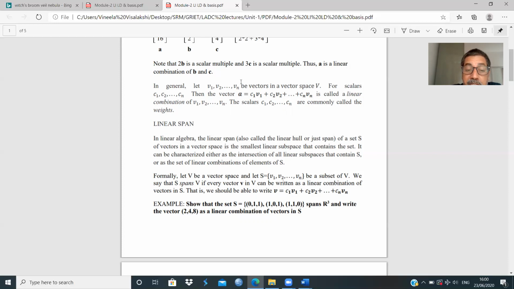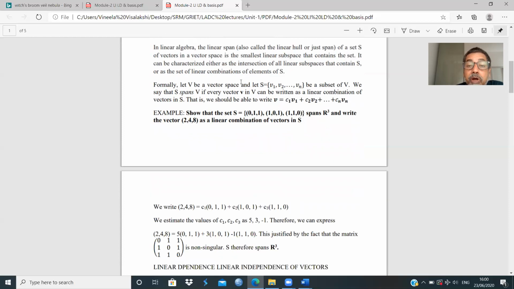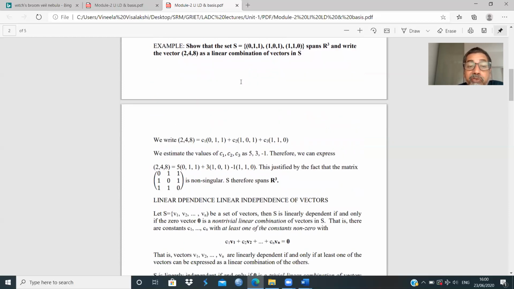So suppose we consider a random vector (2, 4, 8) in R3. Let us see if we are able to write (2, 4, 8) as a linear combination of the vectors of S. So let us set up (2, 4, 8) equal to C1 times the first vector (0, 1, 1) plus C2 times the second vector (1, 0, 1) plus C3 times the vector (1, 1, 0).